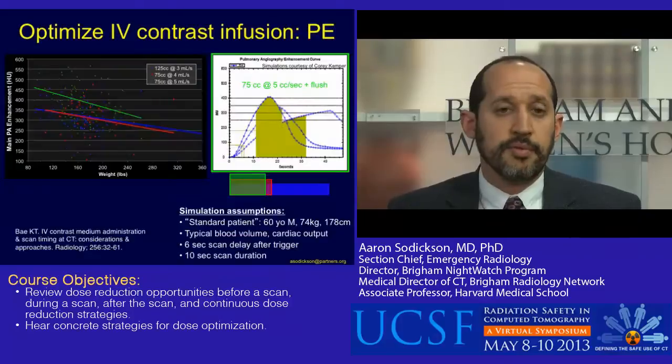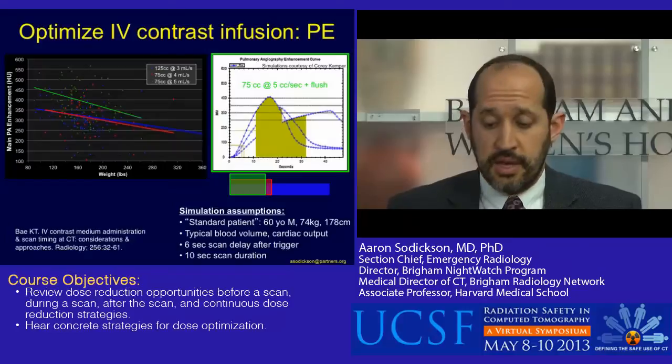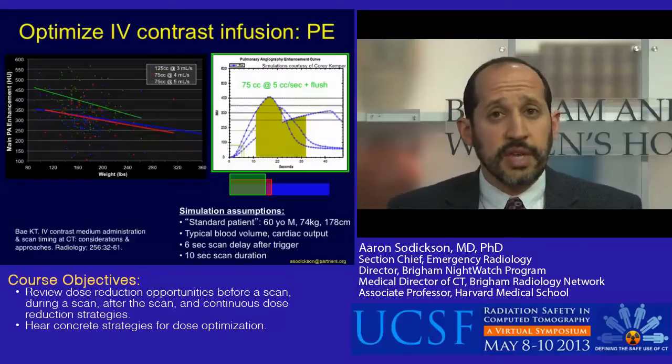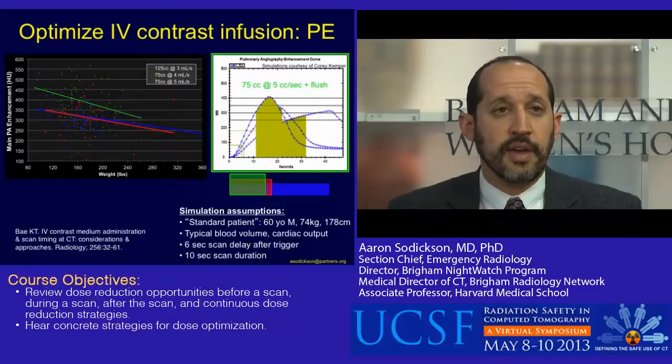Here's one example of a change we made several years ago to our PECTs. We had initially been giving this larger dose of contrast, 125 ml at a slow flow rate. When we got rid of the lower extremity venograms we were doing with these PECTs, we reduced to 75 ml of contrast at a higher flow rate.